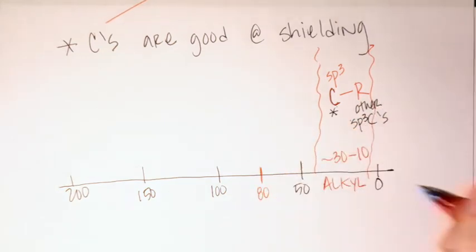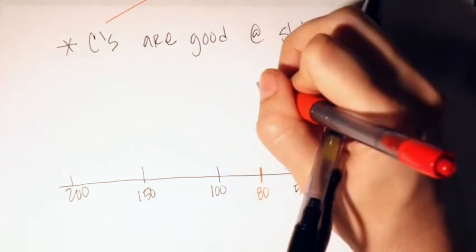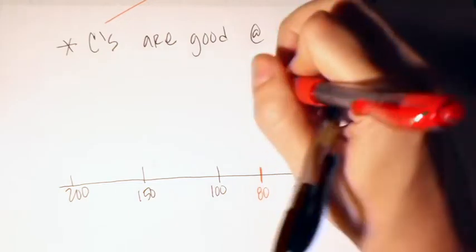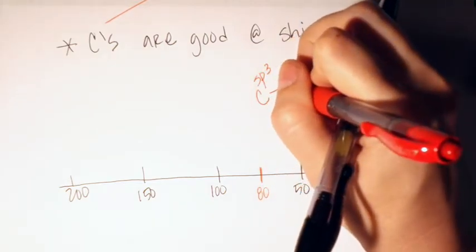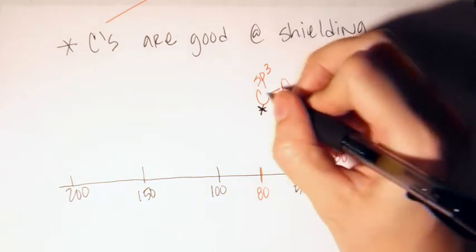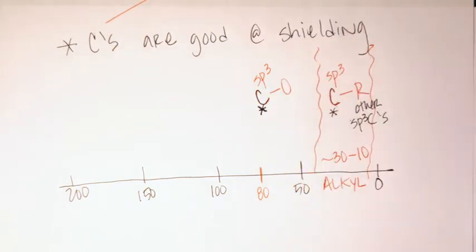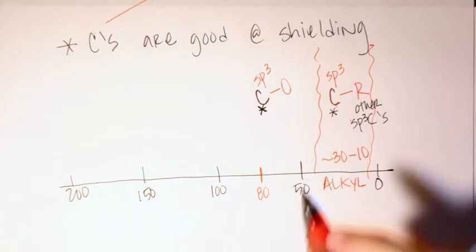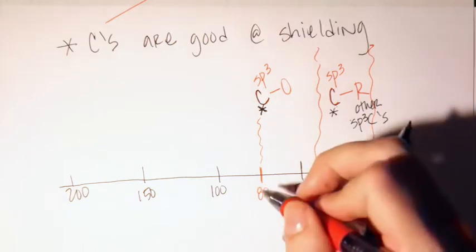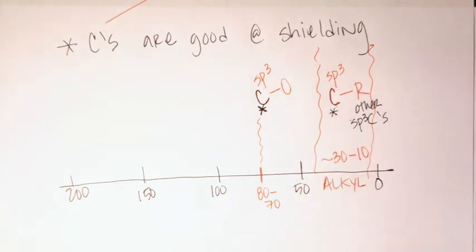Again, this is just approximate. Depending on the rest of the molecule, it can fluctuate exactly where it is, but it'll be in this region. We're still talking about sp3 carbons, but specifically one that is attached to an oxygen. So again, this carbon is what we're looking at, but it's attached to an oxygen of sorts, right? So that's going to be around 80, it might be 70, 80, something like that.